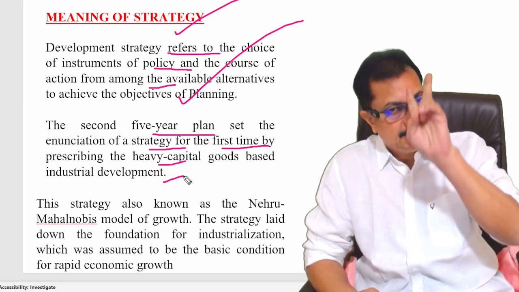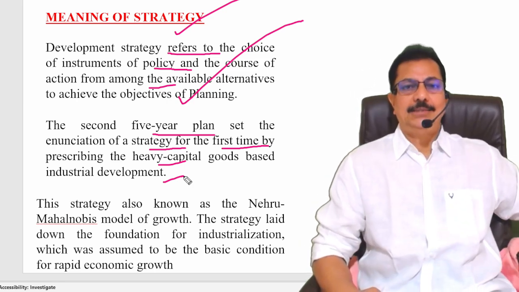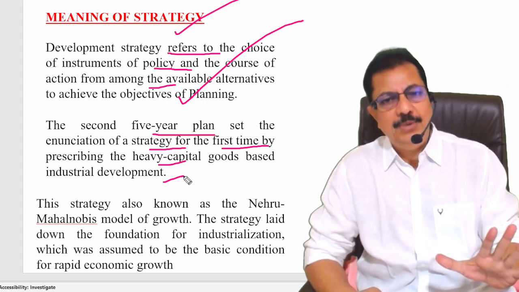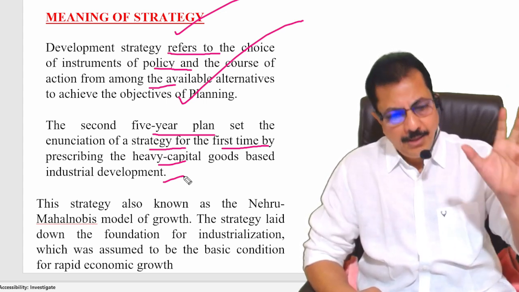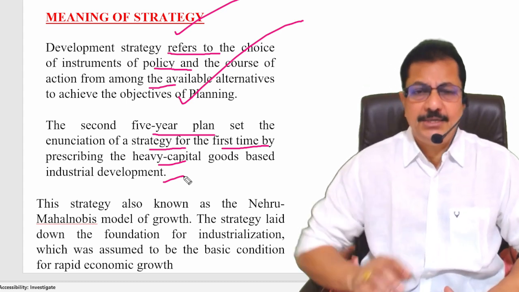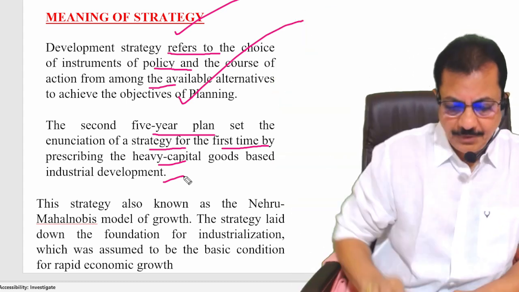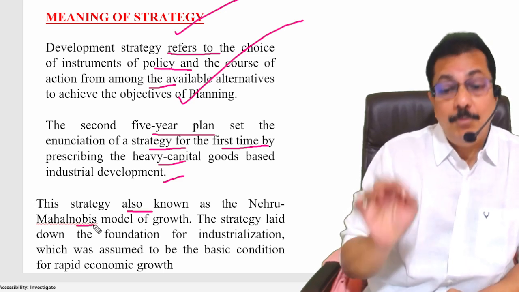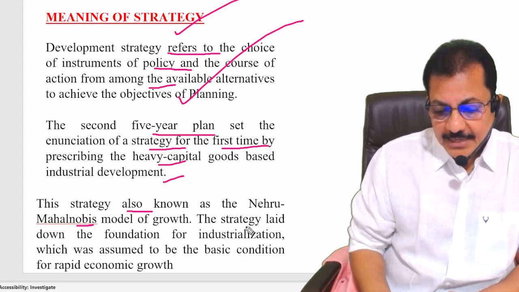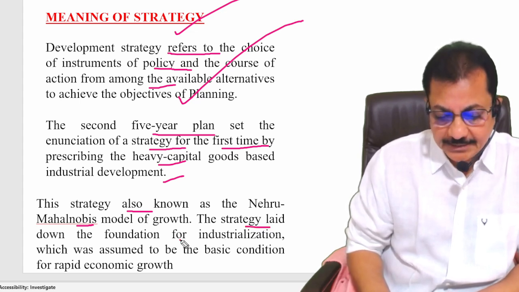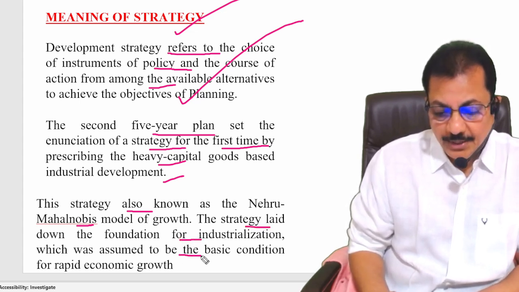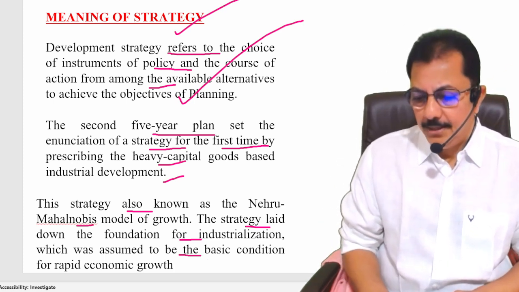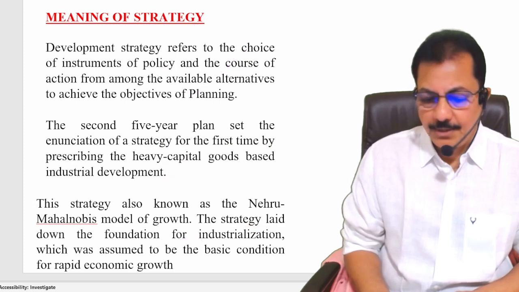I told you already, the second 5-year plan has given highest importance to heavy industries because Nehru and PC Mahalanobis believed that only heavy industries will lead to industrialization and that will lead to economic development. Clear? And this strategy is also known as the Nehru-Mahalanobis model. The strategy laid down the foundation for industrialization, and this was considered to be the basic condition for rapid economic growth. Clear? This we have already discussed.